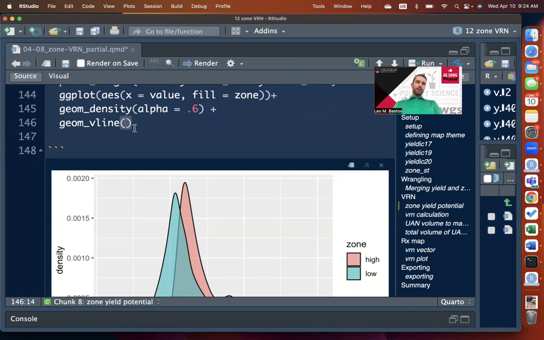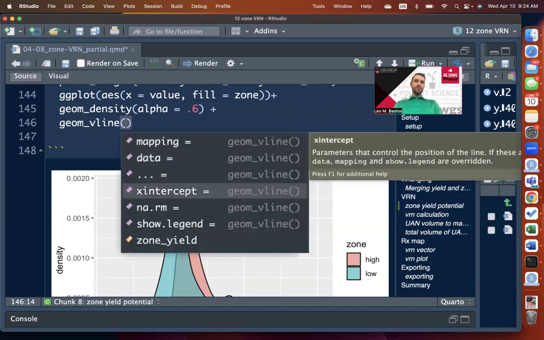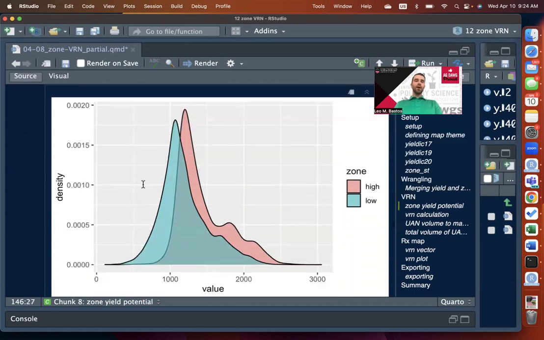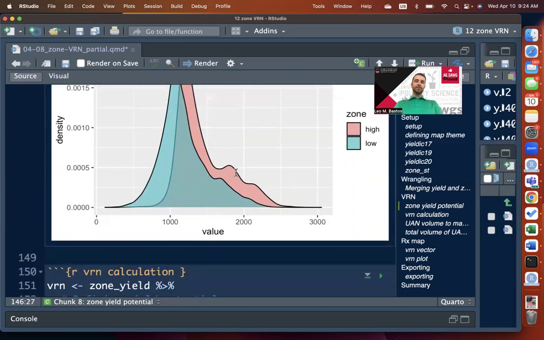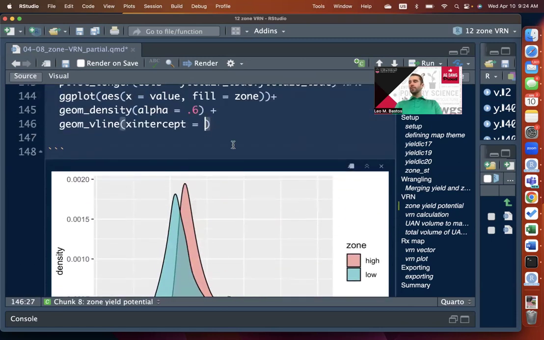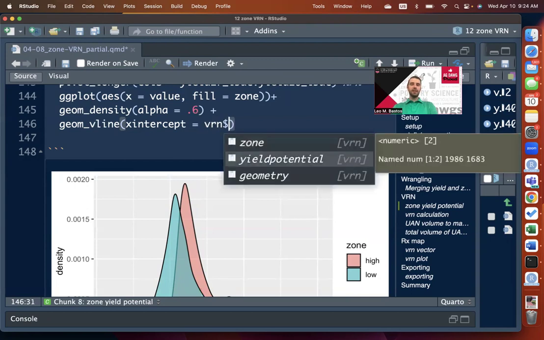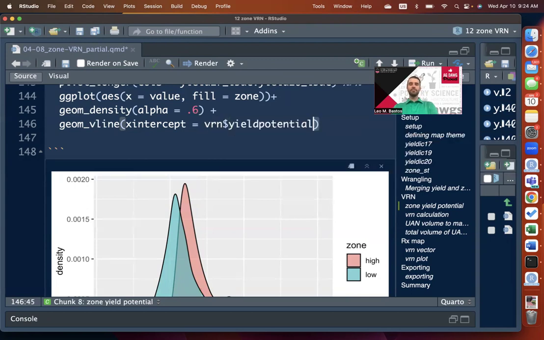If you just hit tab, it's going to have this argument called xintercept. This is where on the x-axis I want to have vertical lines. I want this to be equal to our yield potential, which we can access by calling the object VRN, which we created, using a $ sign and then asking for that yield potential column.